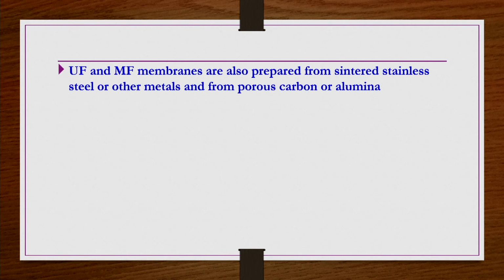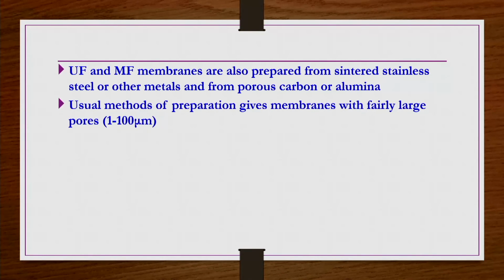Then ultrafiltration and microfiltration membranes are also prepared from sintered stainless steel or other metals and from porous carbon or alumina as well. Usual methods of preparation give membranes with fairly large pores varying from 1 to 100 microns. That is a very wide pore size distribution, so in general that is not good for a given application.